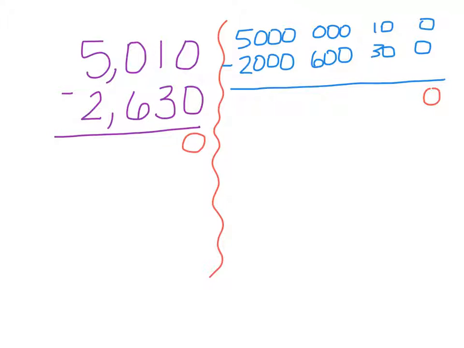All right, so let's go all the way to the 1,000 spot. I'm going to make the thousands a 4, which over here is 4,000. I'm going to give that 1,000 that I just took to the hundreds spot. So over here, that makes it a 10. Over here, it makes it 1,000.